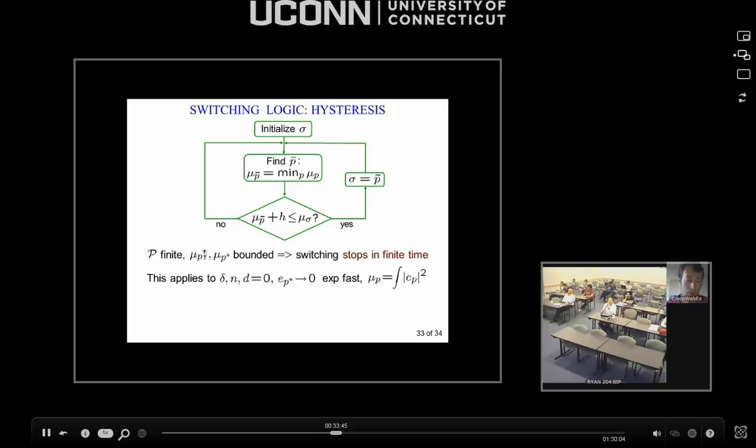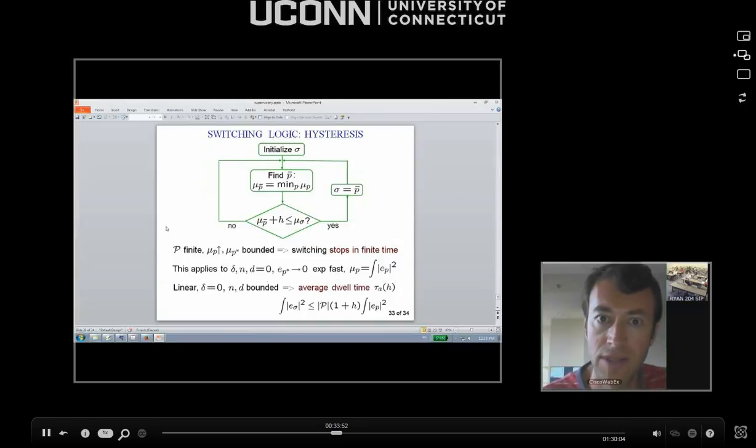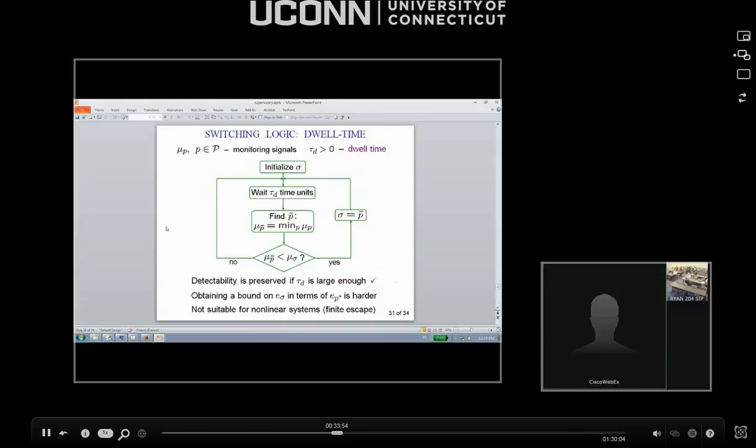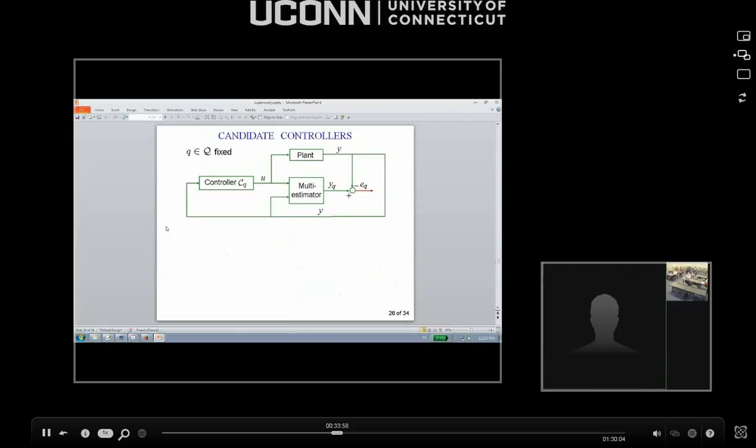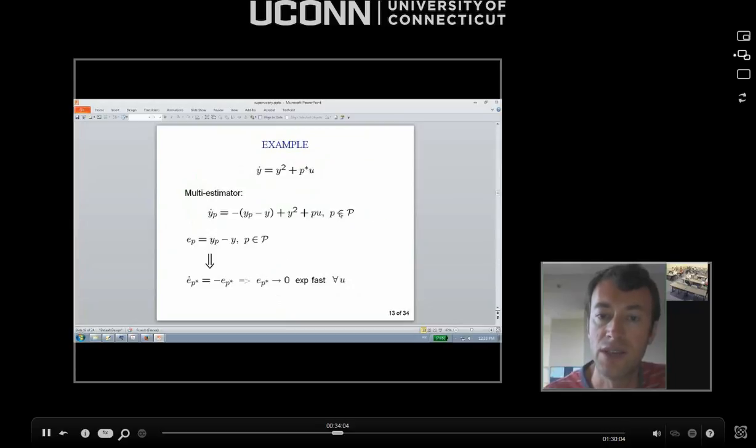So, one example of this, let me go back and remind all of us about one example that we looked at yesterday. Here was an example where I have a plant without the disturbance, and I build the multi-estimators in a specific way that's basically enforcing some damping, so that the estimation error, EP star, goes to 0 exponentially fast.